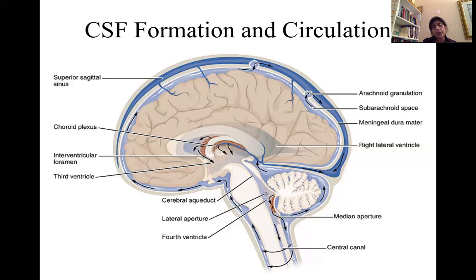Here we have 3 openings, 3 apertures. The lateral aperture is one that is shown here. Basically, what happens is here the flow of CSF can take 2 paths.